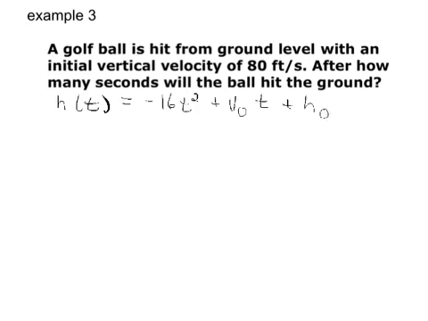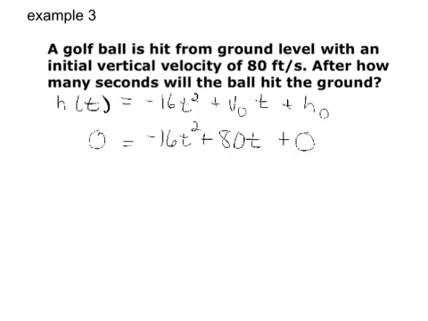What's the initial height when you hit a golf ball off the ground? 0. The initial velocity was given at 80, and that's given. Now we're going to solve it.